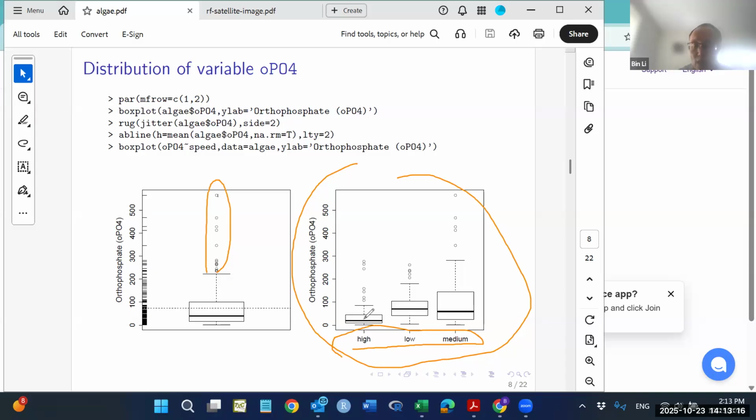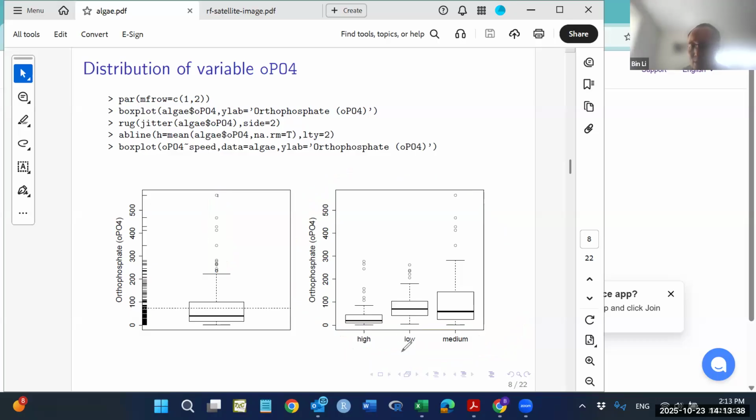When we have a high speed, the concentration of OPO4 is relatively low. But with medium and low water flow speed, the concentration is relatively high. So that's how we can see the relationship between a categorical variable and a numeric variable, through the side-by-side box plot.